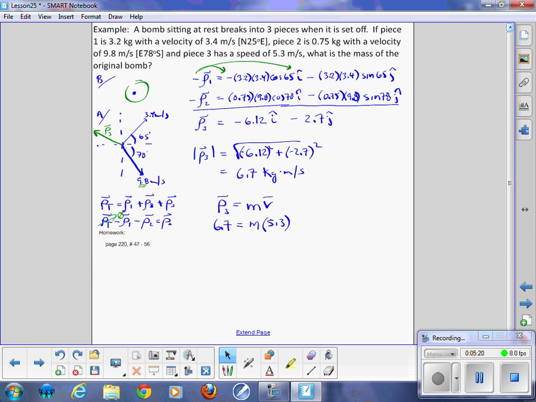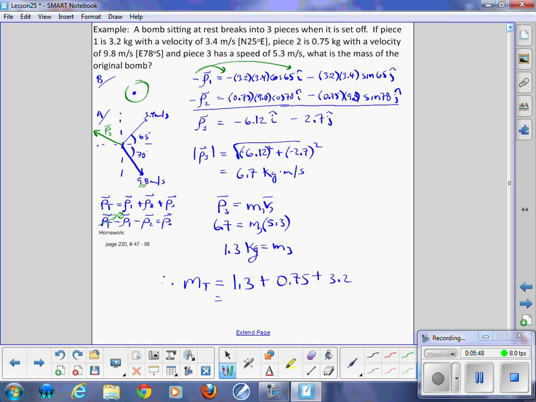So from that, 6.7 divided by 5.3, I find that I have, let's call it 1.3 kilograms, is the mass of the third bomb piece. So therefore, our total mass is going to equal the 1.3 from the third piece, 0.75 from the second, and 3.2 from the first.